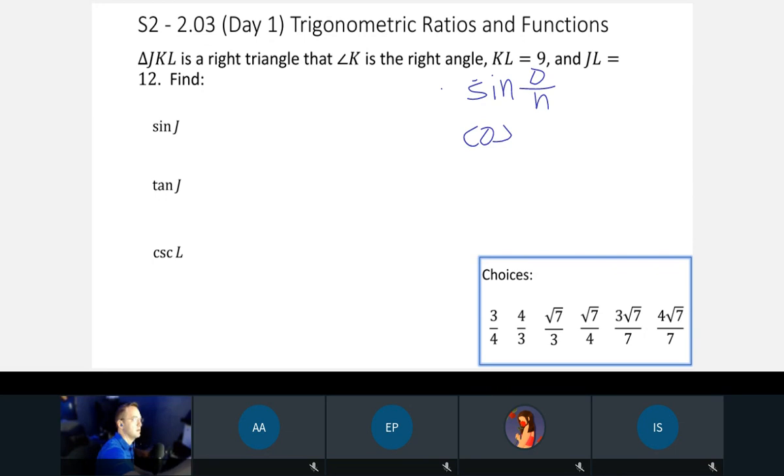Cosine should be an equal sign right there. I'm not on my Mac this morning. That's why I can't write. Excuses, I know.